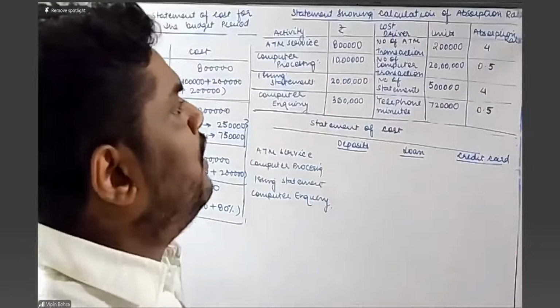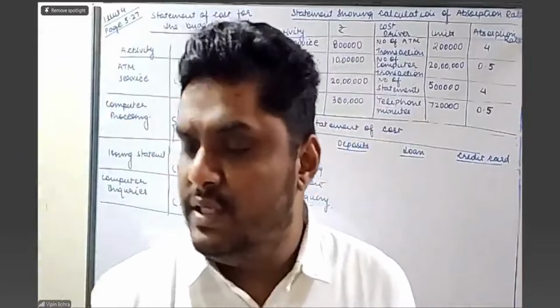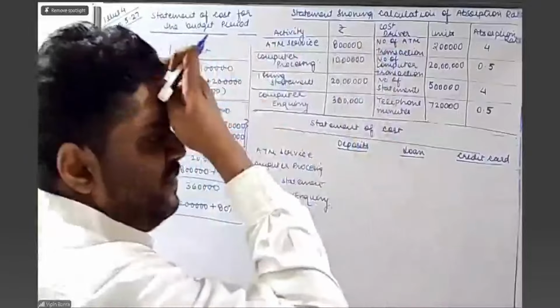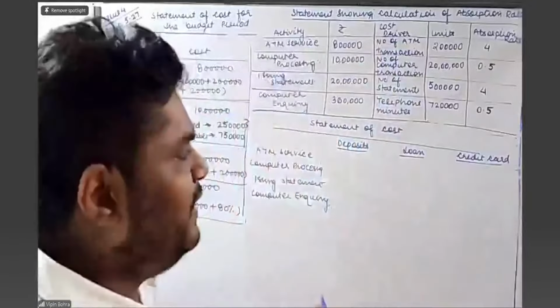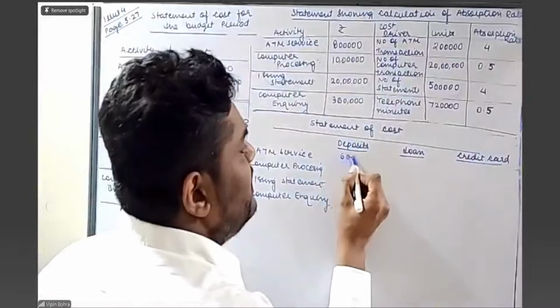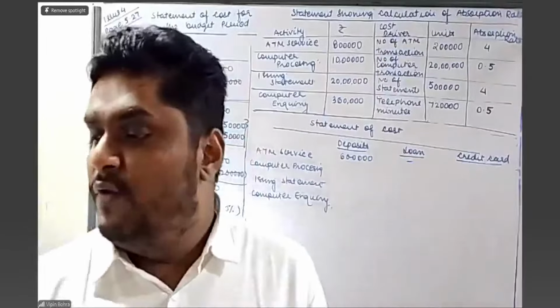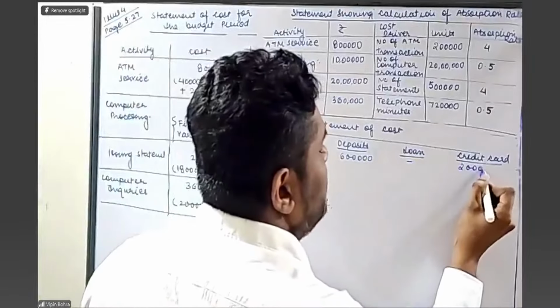Now, when talking about ATM service, the absorption rate is 4 per ATM transaction. So 4 into, in case of deposit, there are 1,50,000 transactions. So 150 into 4, this will be 6 lakh. Nothing for loan. For credit card, it is 50,000. So 50,000 into 4, this will be 2 lakh.